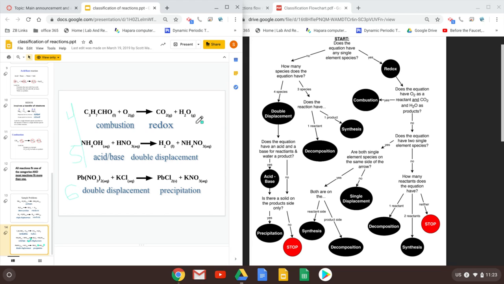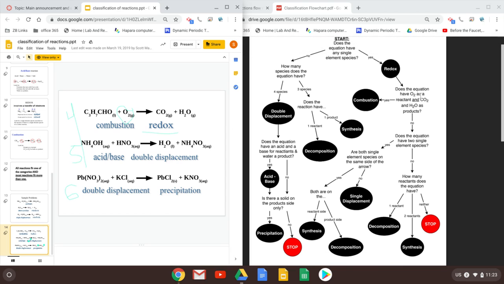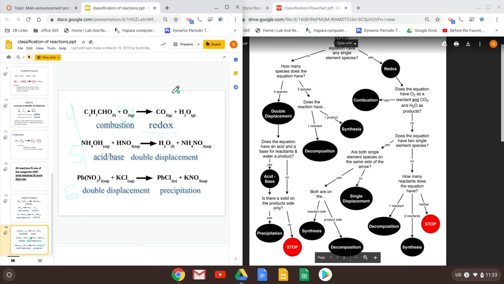All right. So we got this big old nasty reaction here, combustion. The first thing we always just start with is, does the equation have any single element species? If we look, it does. It would be oxygen. All right. So redox is our first classification that we would give this. The next question is, does the equation have O2 as a reactant and CO2 and H2O as products?